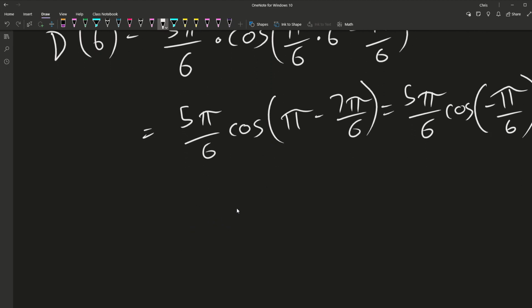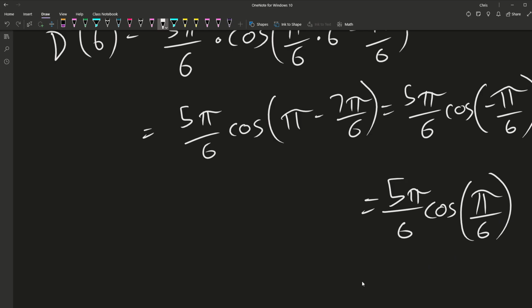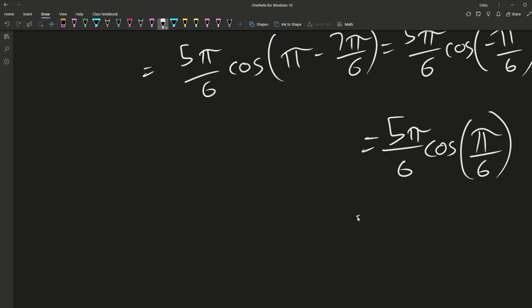Now, cosine has this really nice property where cosine is an even function. Because cosine is an even function, cosine of negative pi over 6 is actually the same thing as cosine of positive pi over 6. And cosine of pi over 6 is going to be square root of 3 over 2. So it's going to be 5 pi over 6 times the square root of 3 over 2.